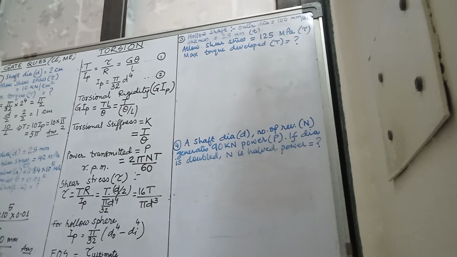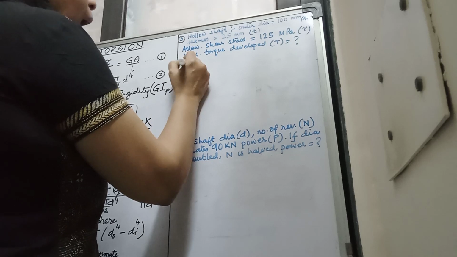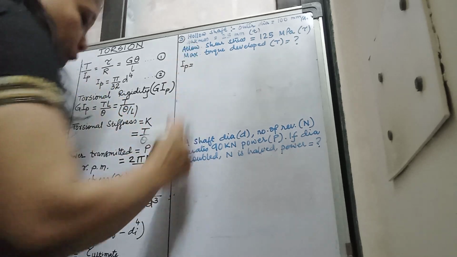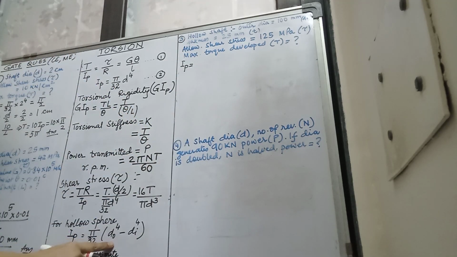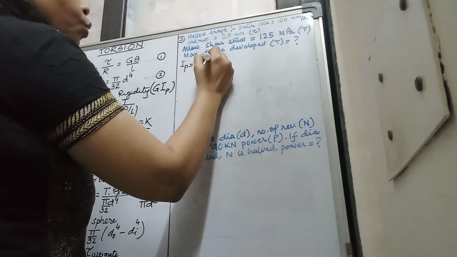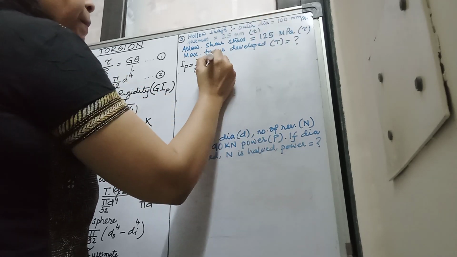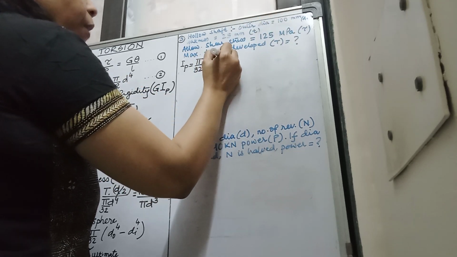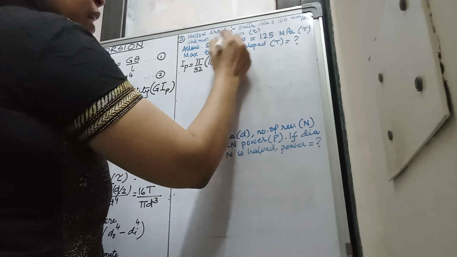So first, what we have to do? We have to find the IP. So IP is equal to, as I have mentioned over here, this formula, right? IP is equal to pi by 32, outer diameter 100 to the power 4 minus inner diameter.